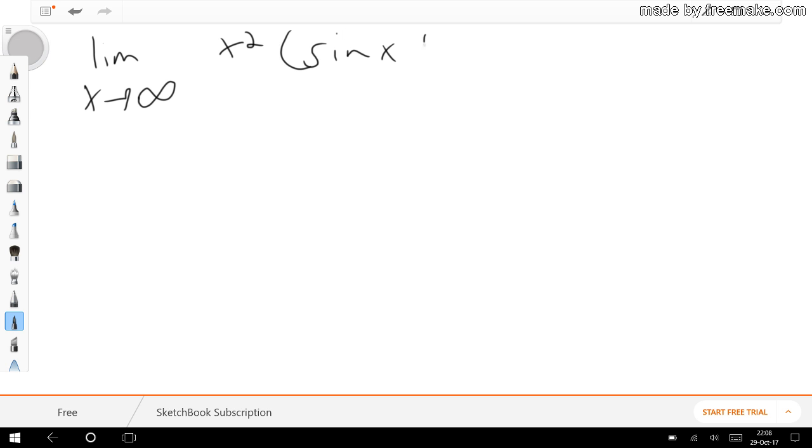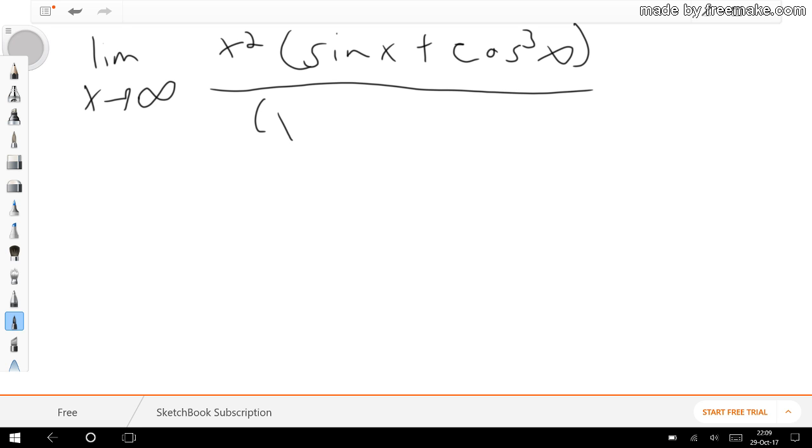You probably won't have this hard of a question when you do your test, just because this is really obnoxious. But if you're able to do this question with me, then you can pretty much do any squeeze theorem that's going to be thrown at you. And that includes through Calc 3 and everything, because this will show up again, but that doesn't mean that it's going to be any more difficult.